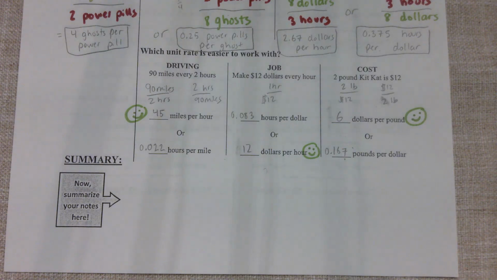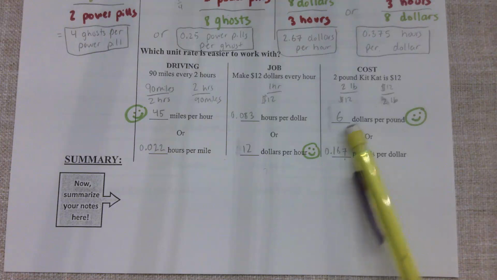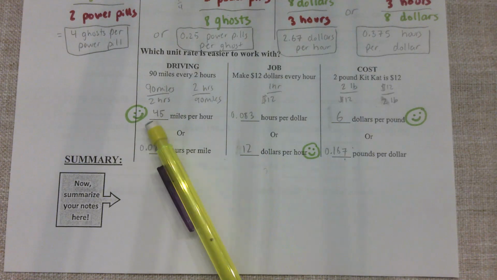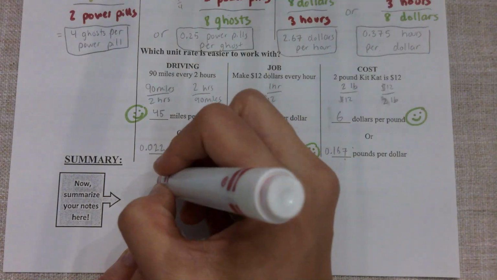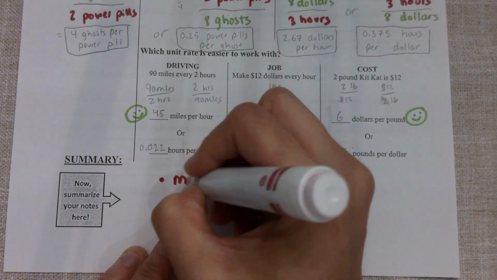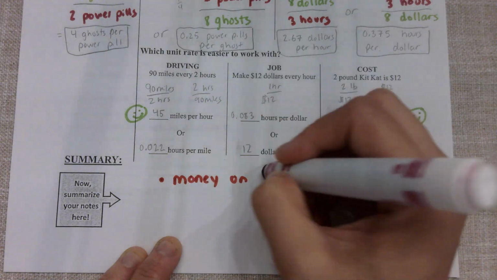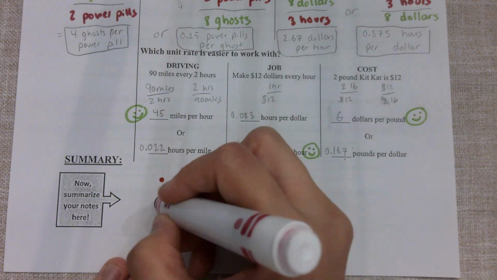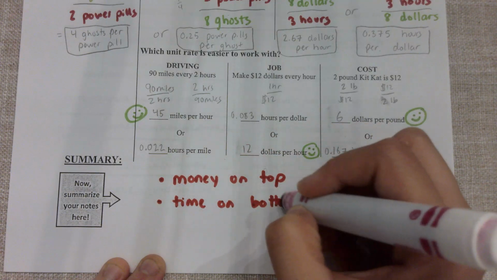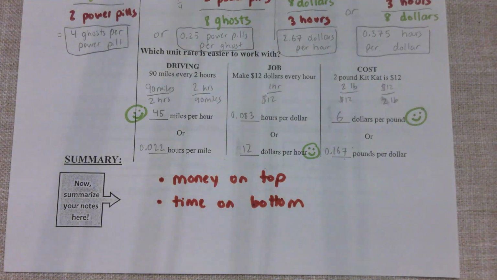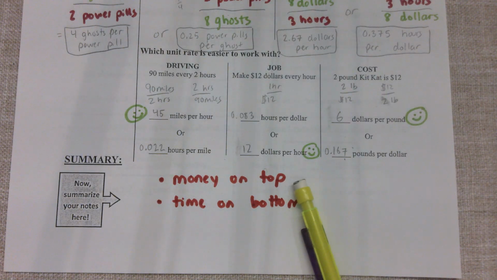So something that you might have noticed is that typically you like the whole numbers as a unit rate. And then also there's another rule of thumb that doesn't always happen, but it's pretty common, right? We typically like money on top. And we typically like time on bottom. Right, so we typically like, you know, $10 per hour or $20,000 per year, right?